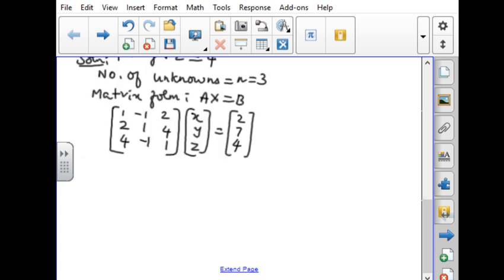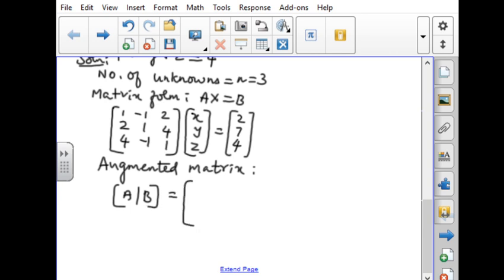Next step, we need to write down the augmented matrix, that is A bar B. First we write down the A matrix followed by the B matrix.